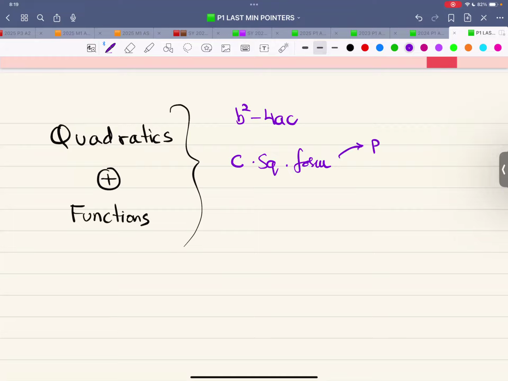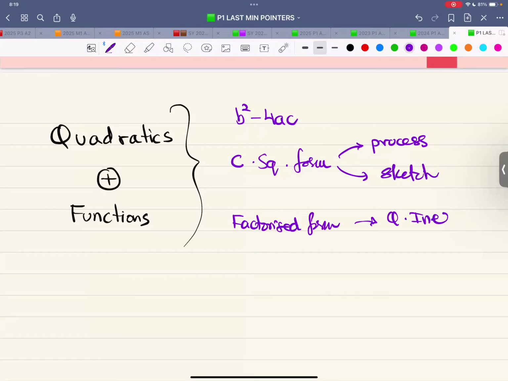The process, show all the working, and the sketch. The key player in these two topics is the factorized form, because based on the factorized form, you have to solve the quadratic inequality. Remember, sketch is a must. So don't compromise on these basics. Sketch is a must.